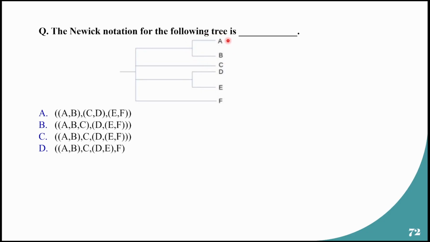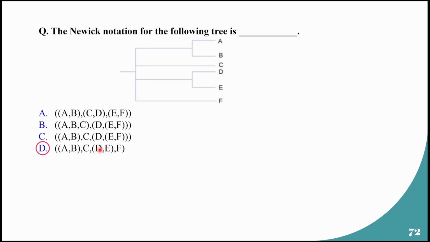Basically, whenever you have two species that are connected via a node, you can put a bracket and keep the two species within that bracket. So that will give you a single composite, if you say, right? For example, here AB you can keep within a single bracket. Then you also have DE, which you keep within a single bracket. And interestingly, the composite of AB, the composite of DE, and the composite of C are also kept within a single bracket, basically, right?